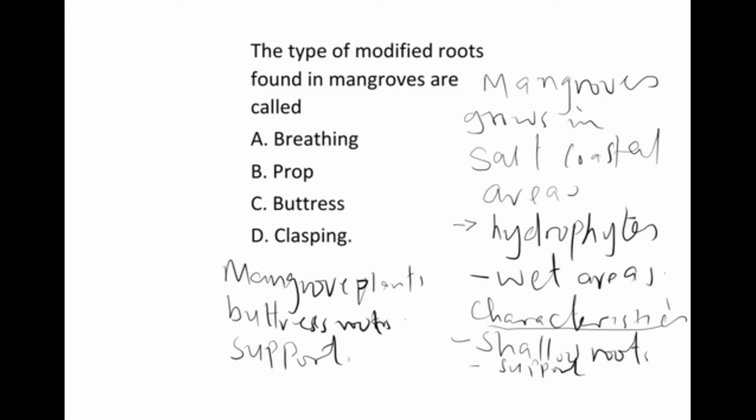Other characteristics include broad leaves. They have many stomata. They have succulent, flexible stems.